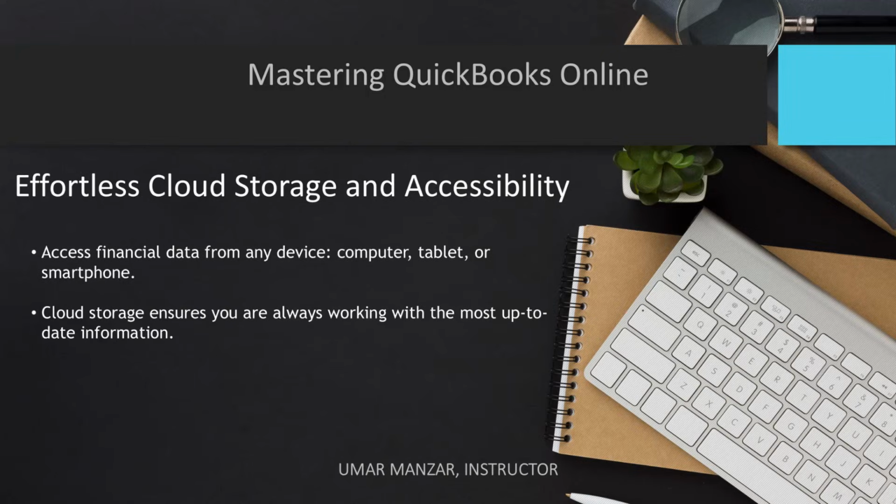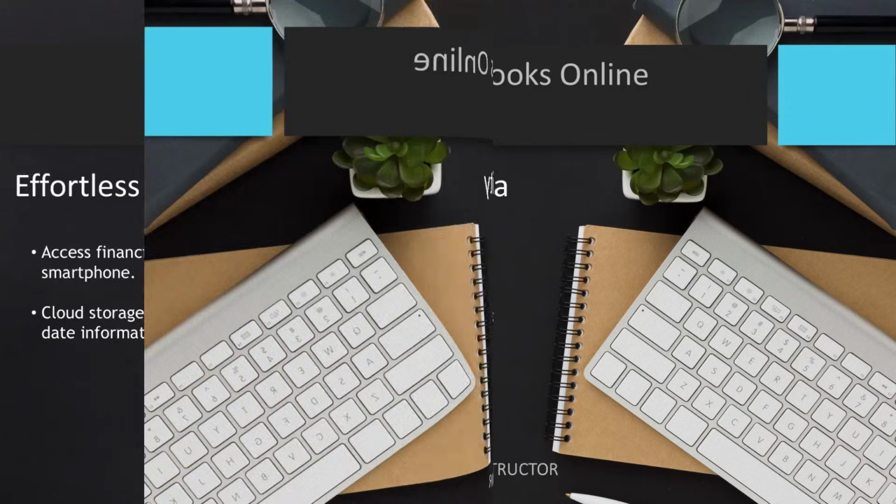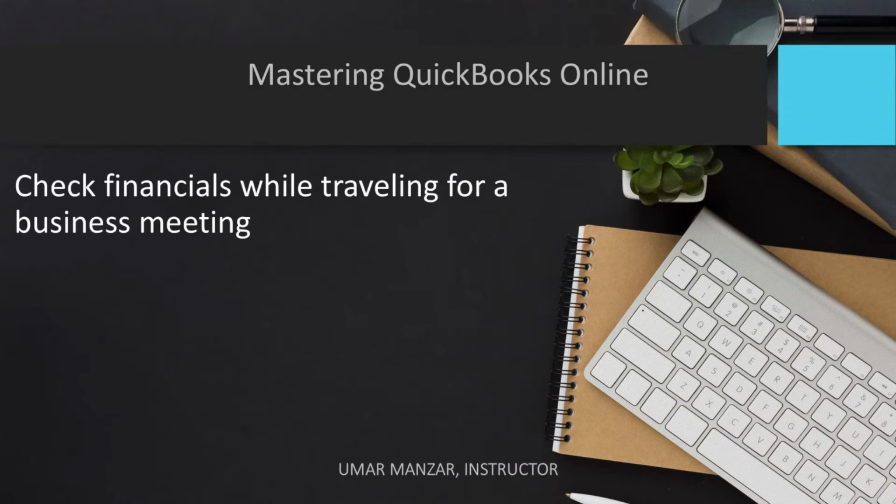This flexibility ensures you're always on top of your business, even when you're on the go. Can you recall a time when you needed urgent access to your financial data but couldn't get to your desktop? With QuickBooks Online, those frustrations are a thing of the past.